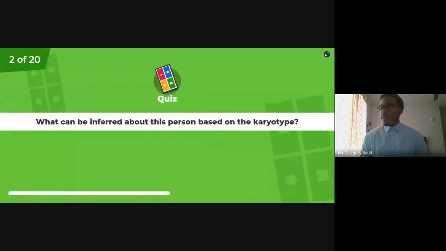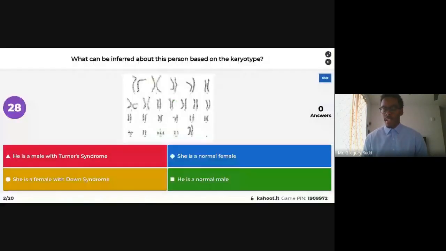What can be inferred about this person based on the karyotype? Now pay attention again to the sexes.